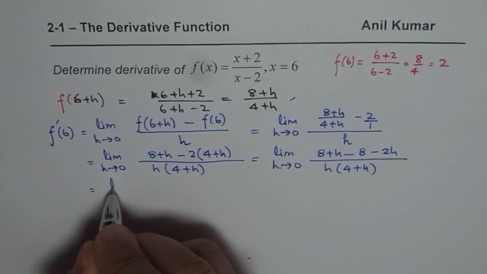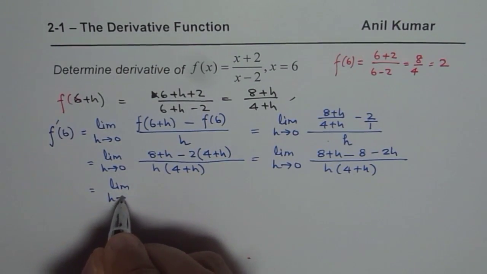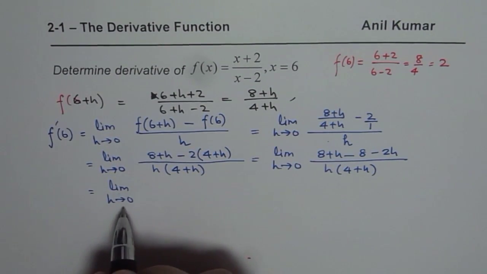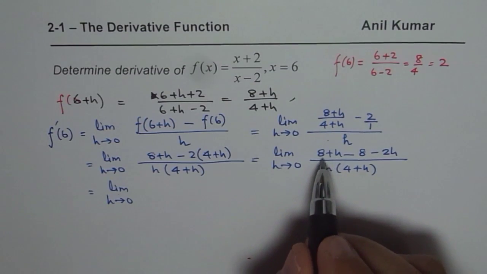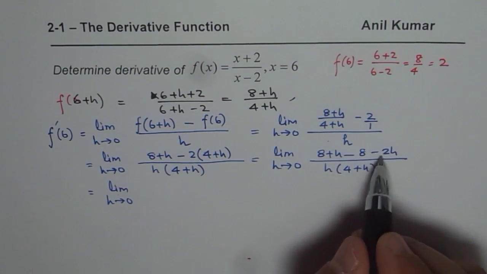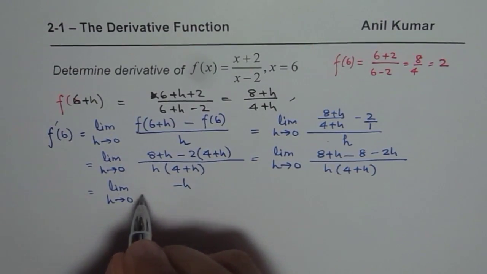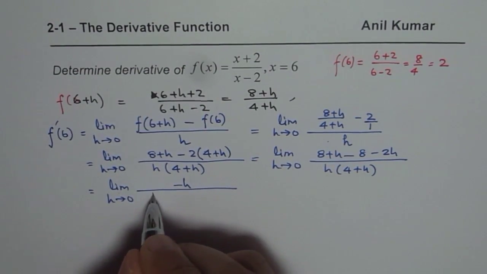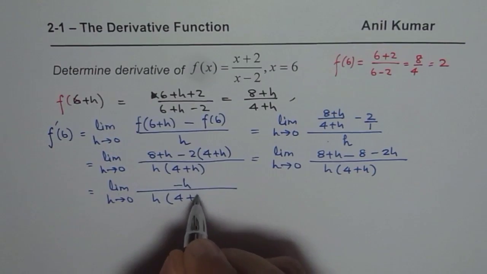You have to write limit h approaches 0 all the time. So 8 minus 8 is 0 and h minus 2h is minus h. So we get minus h here, and in the denominator we have h times 4 plus h.